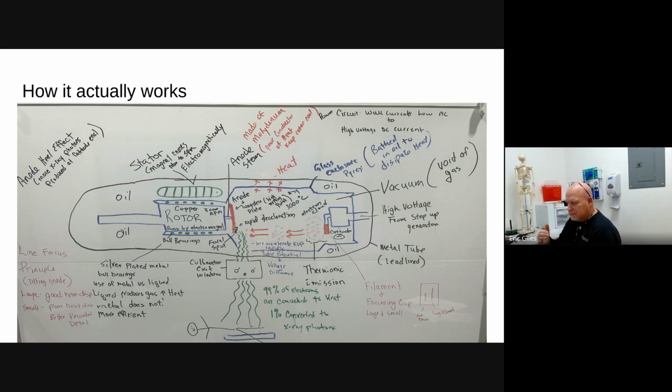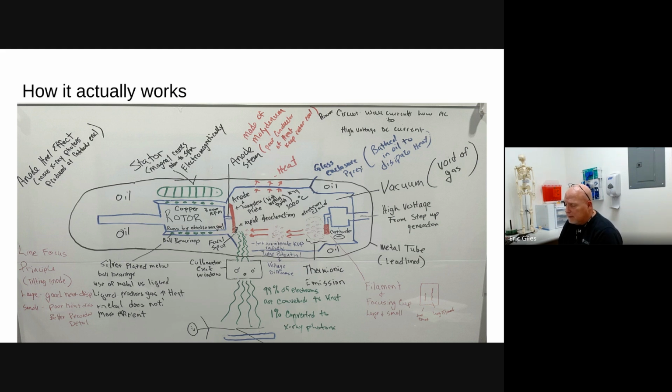All you need to know is there's a filament that's heated up. Negatively charged electrons are emitted from that filament, and due to tube potential, they are moved across the tube to the anode plate, where they are converted to X-ray photons.